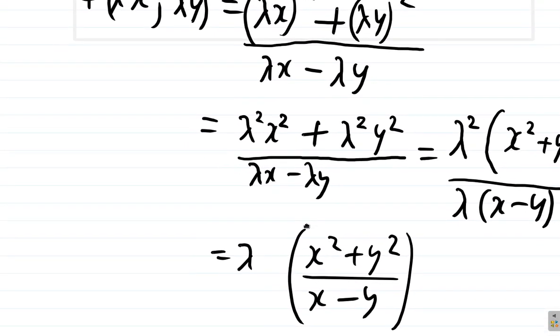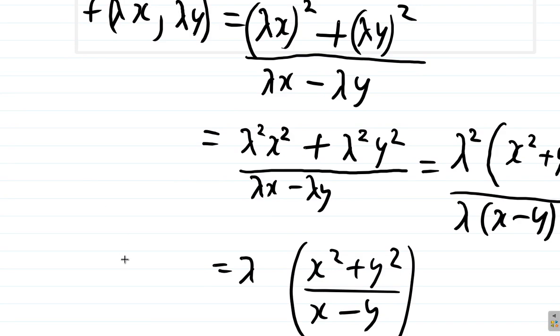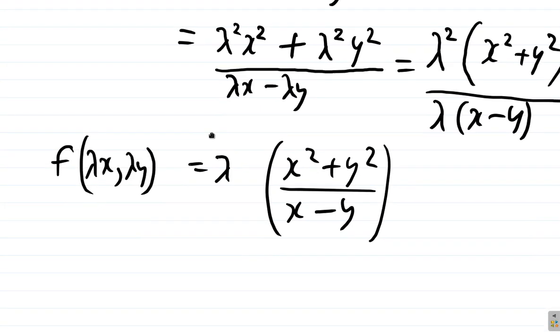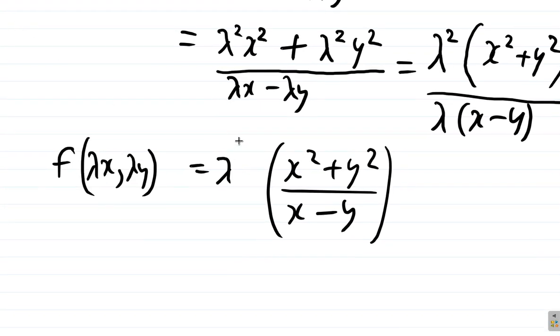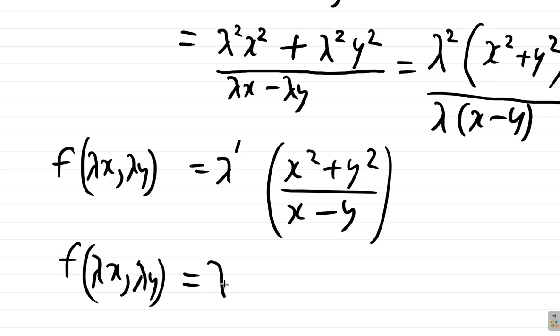So, here, this is f of lambda x, lambda y. It is equal to lambda raised to the power of 1 times the original function. So we can write f of lambda x, lambda y is equal to lambda to the power of 1 times f of x, y.